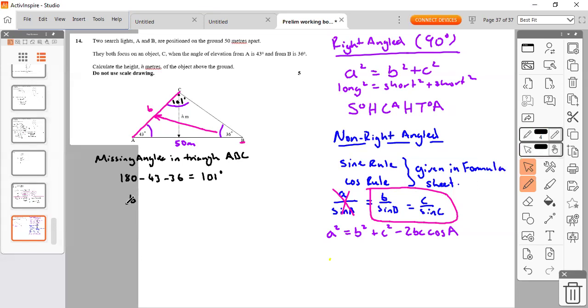So if I say B over sine B equals C over sine C, B is a missing side. B over sine of 36 is equal to C, which is the side we've got, over sine of 101. To rearrange that, I'm bringing sine 36 over.